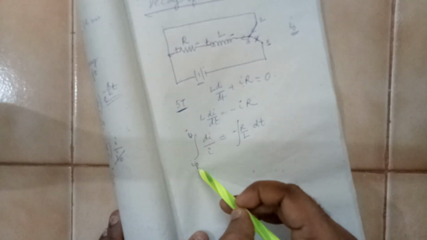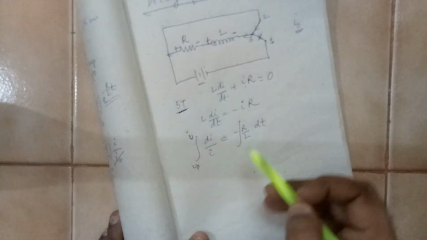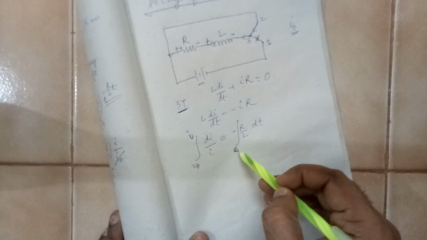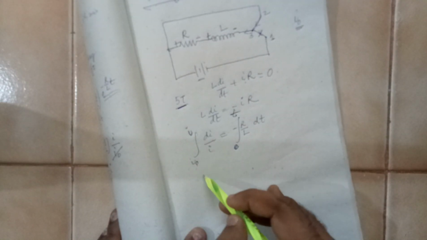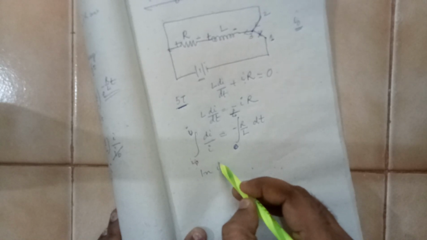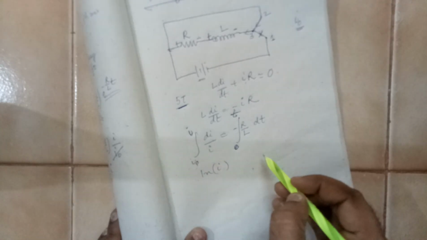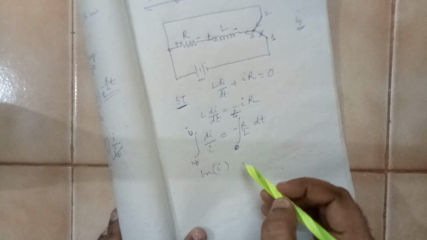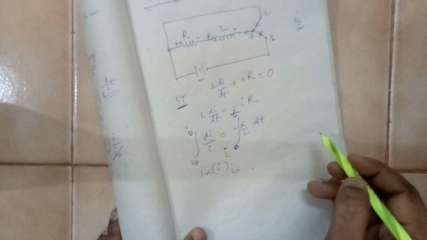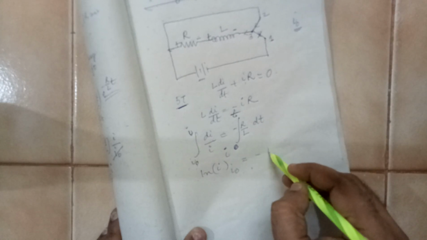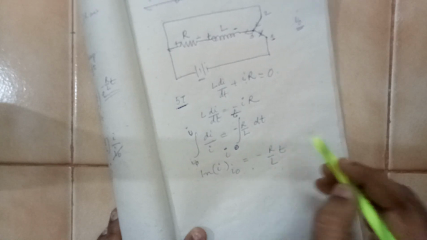So this is ln I, the natural logarithm with base e, between I0 and I, is equal to minus R/L t.